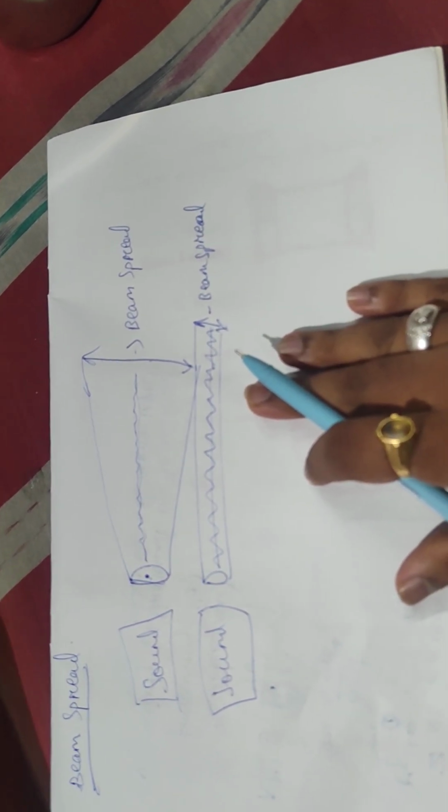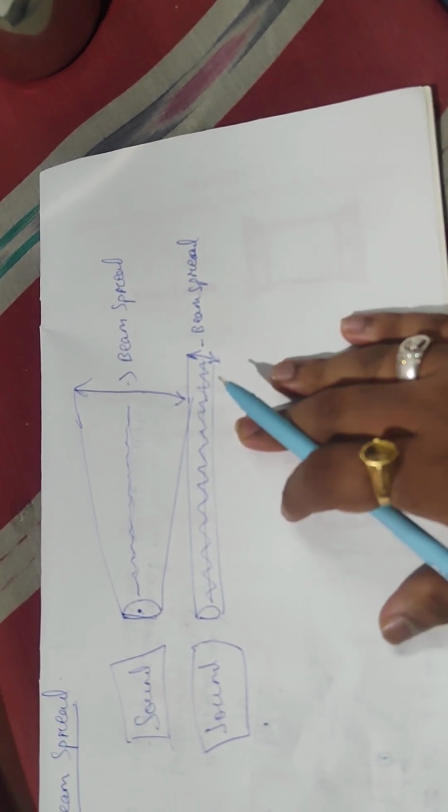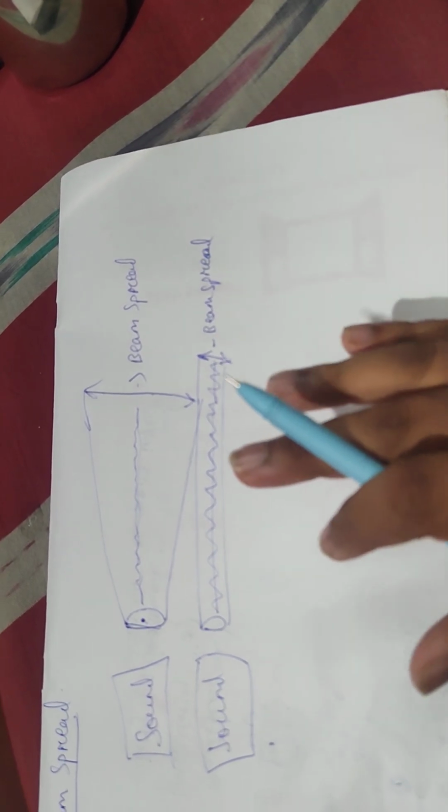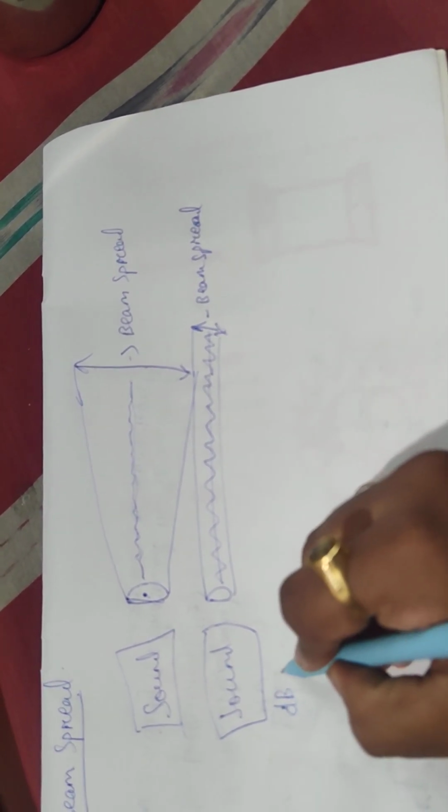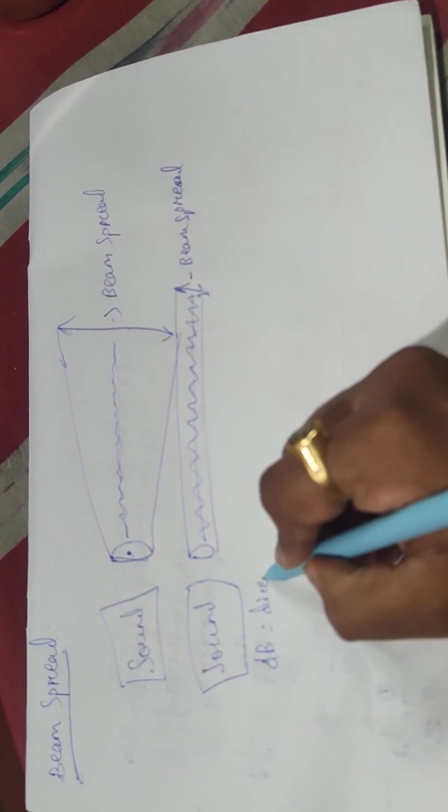In sound, the parameter used is dB, decibel.